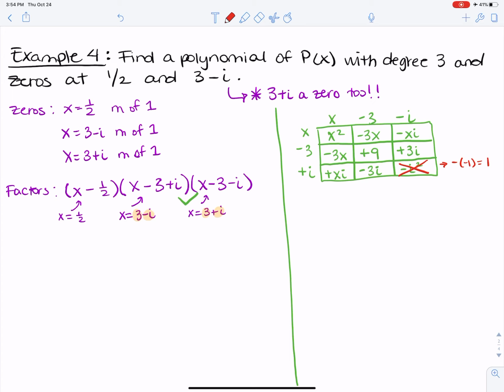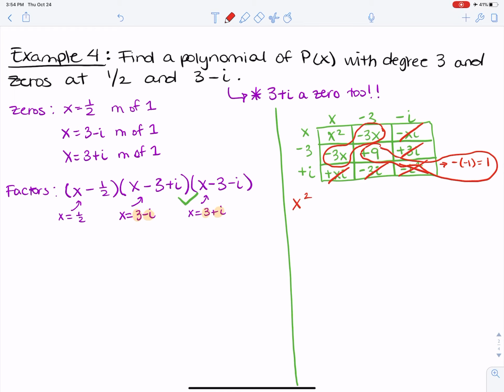Let's see. x squared, that doesn't have a partner. So negative 3x and negative 3x, those go together. But then the negative xi and positive xi cancel out, and the positive 3i and the negative 3i. Oh, the imaginary numbers cancel out. And then this 9 and this 1, they go together because they are whole numbers. So now we can write it in a straight line.